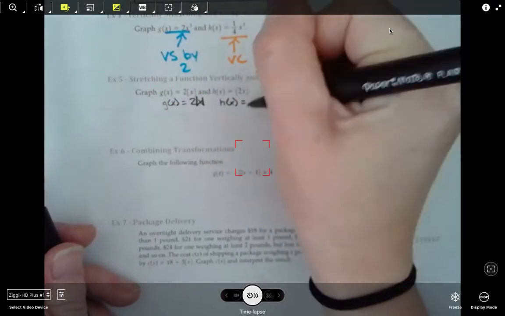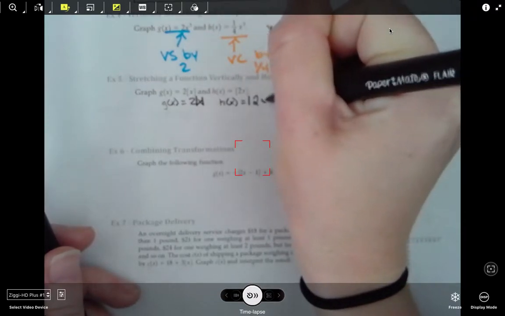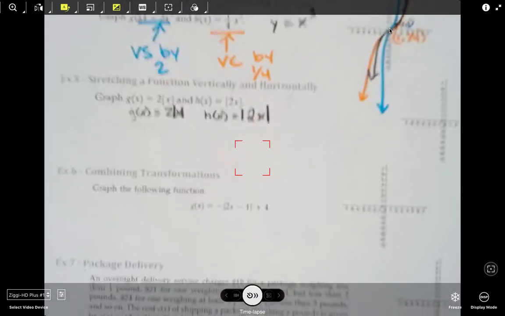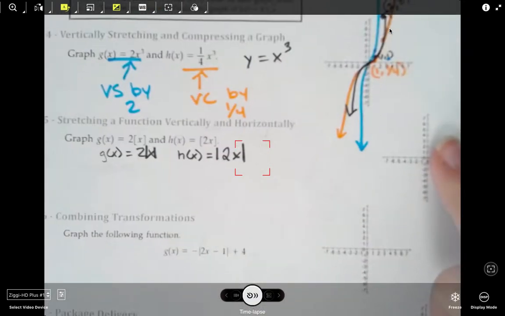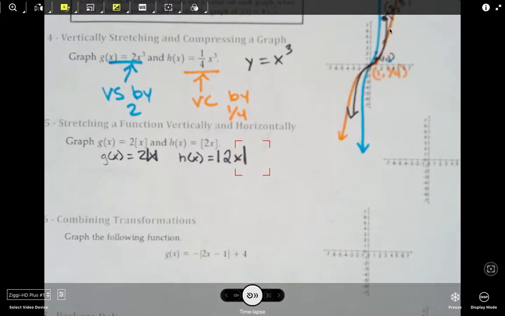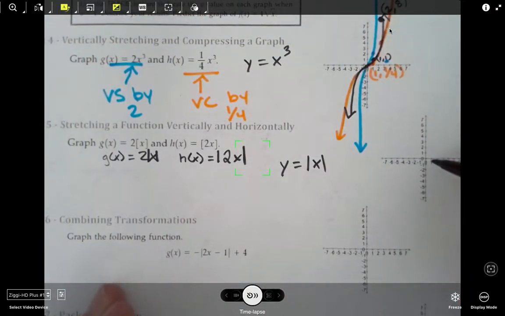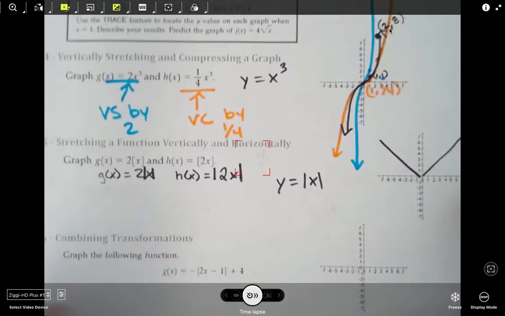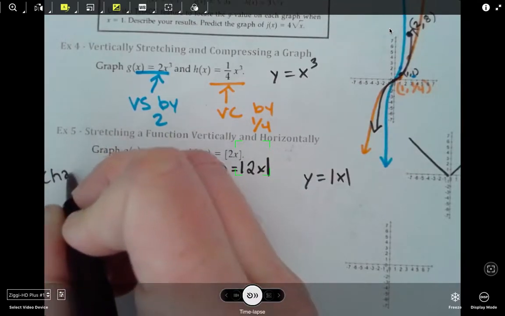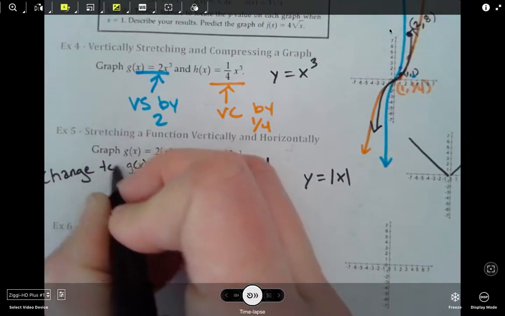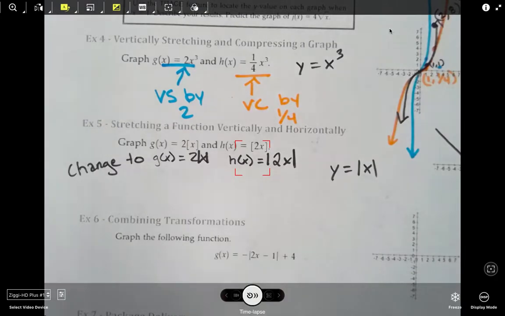Let's change it to absolute value. That'll make things nicer, maybe. Okay? So, if we start with y equals absolute value of x, I'm changing those to those. Okay? What's the first one doing?